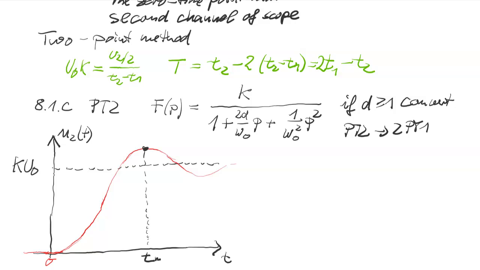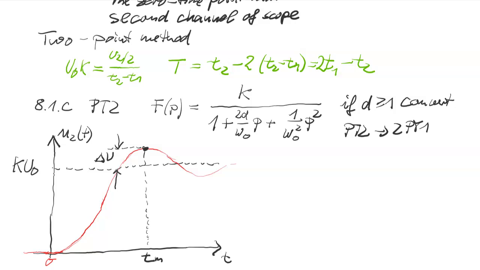That is Tm, and the overshoot here can be marked as delta U. With this overshoot and the Tm time, I can, with the following equations, easily define both unknowns. K is already known, but the other unknowns follow from the following equations.